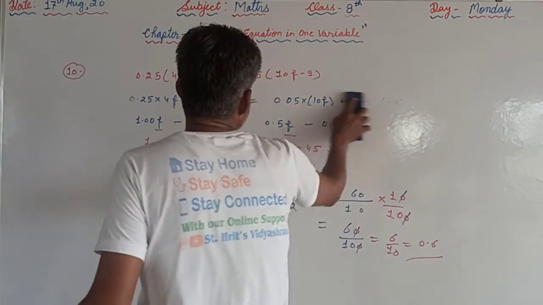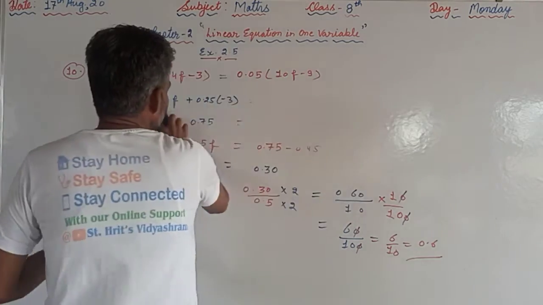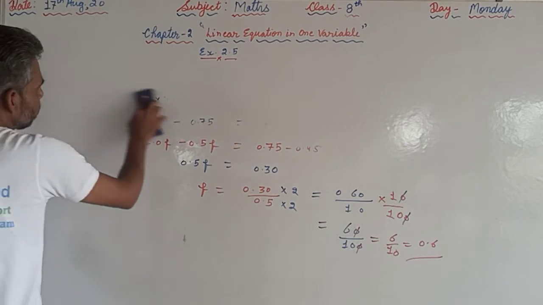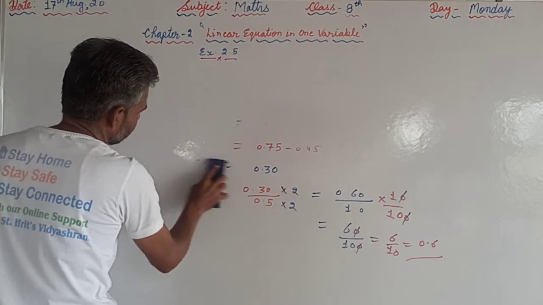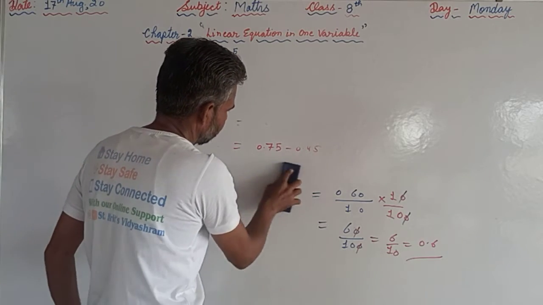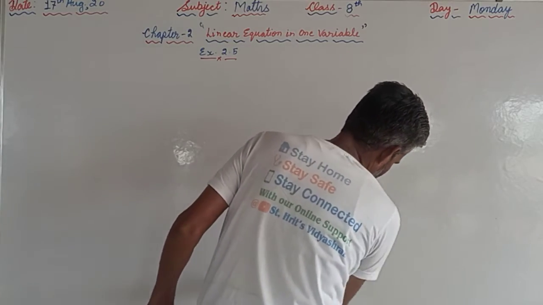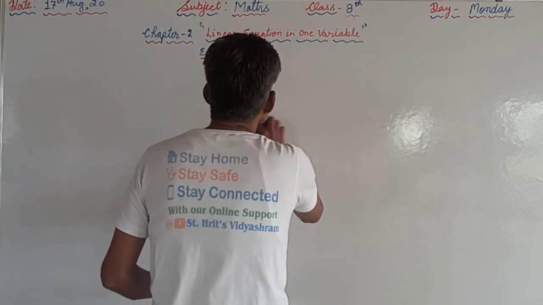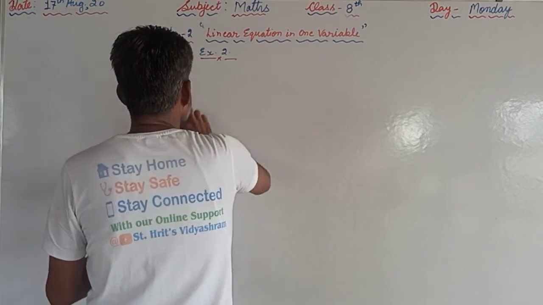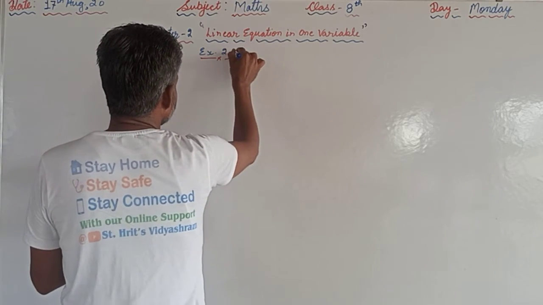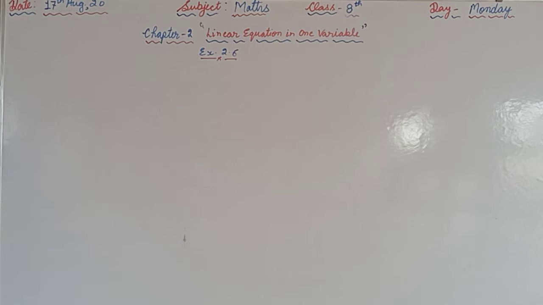Now we will discuss some of the questions from the next exercise, that is a new exercise, exercise 2.6. In exercise 2.6 we will start with question number 1, and question number 1 is we are supposed to solve the equations.